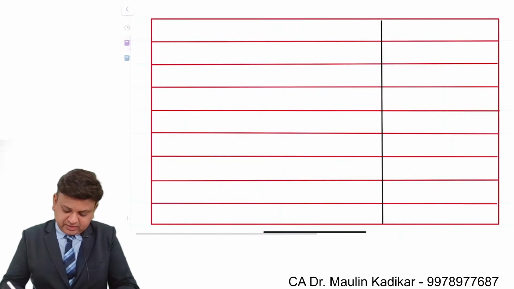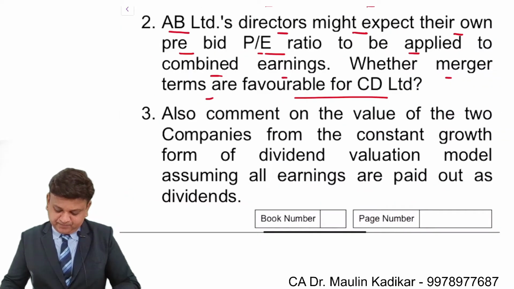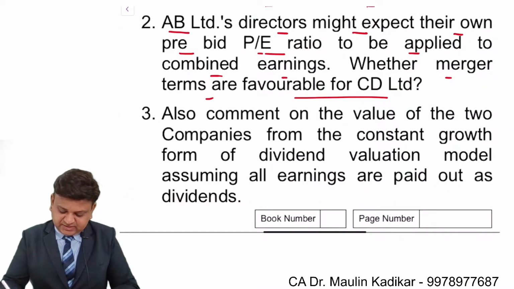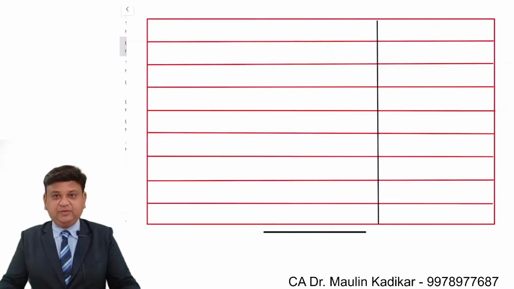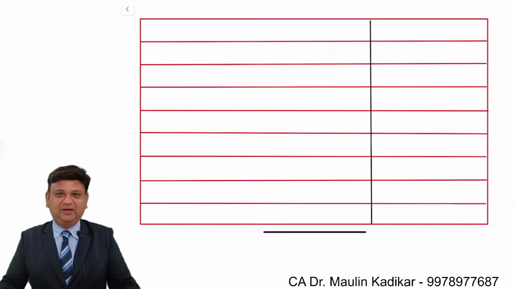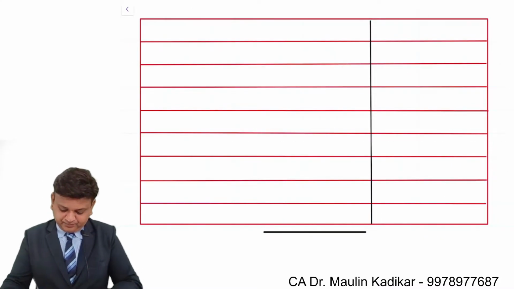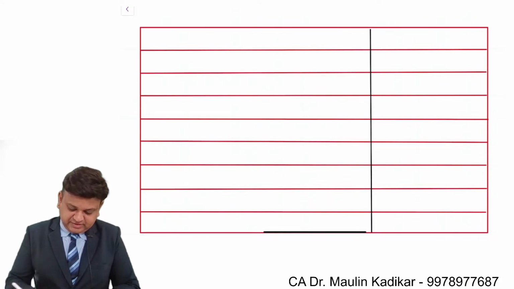So friends, over here the question is providing the information that the price earning ratio is likely to remain same. So taking into account this revised information, we are required to calculate MPS of the merged firm.